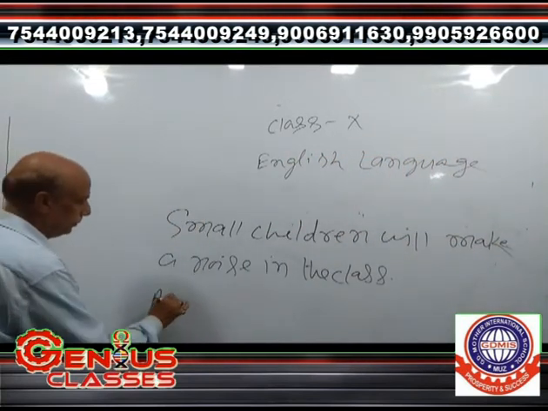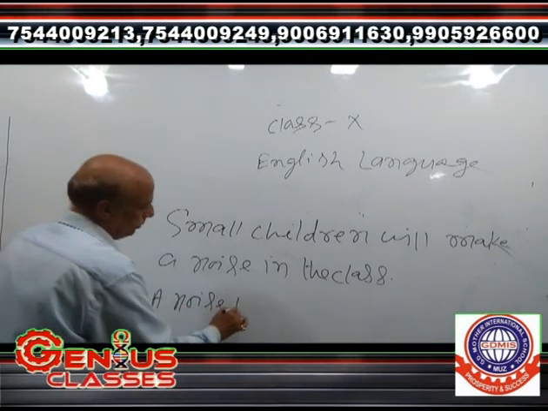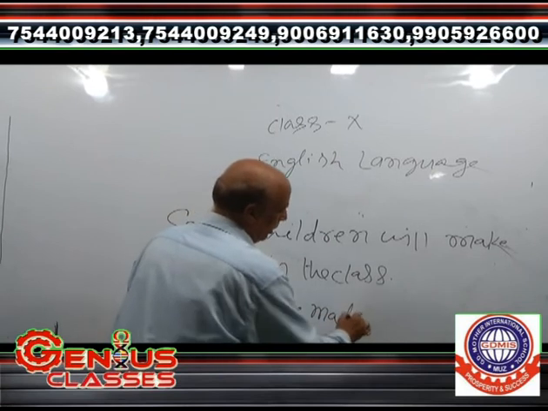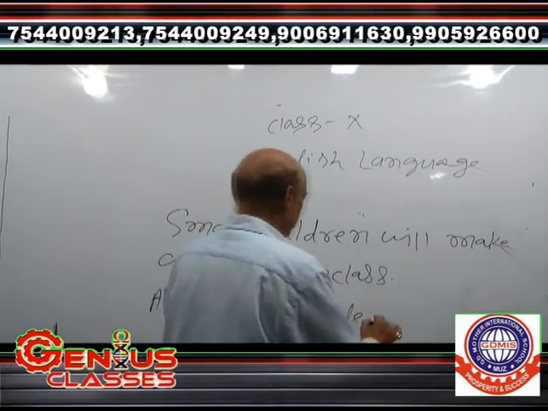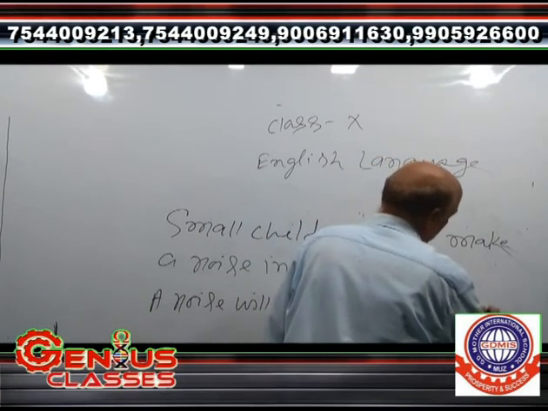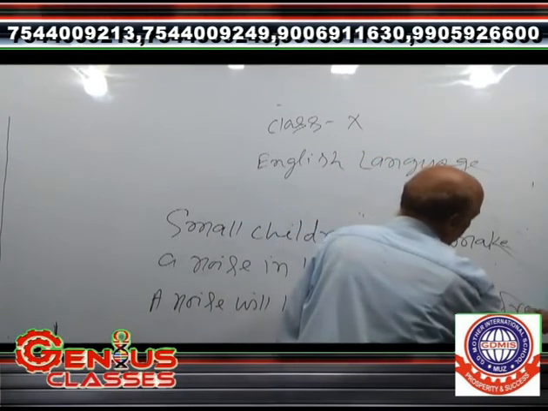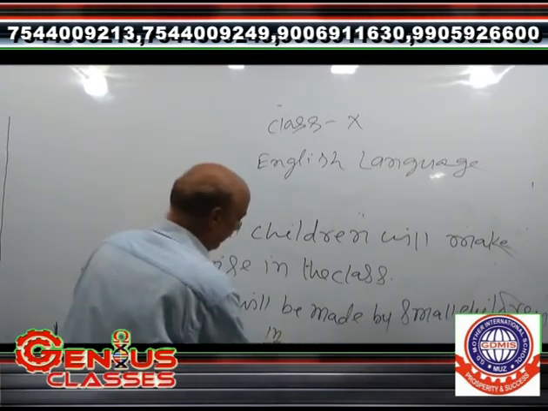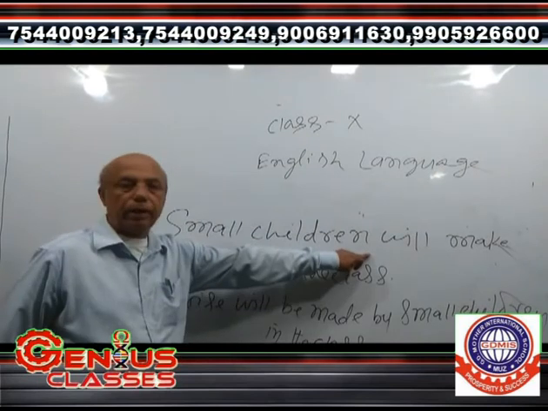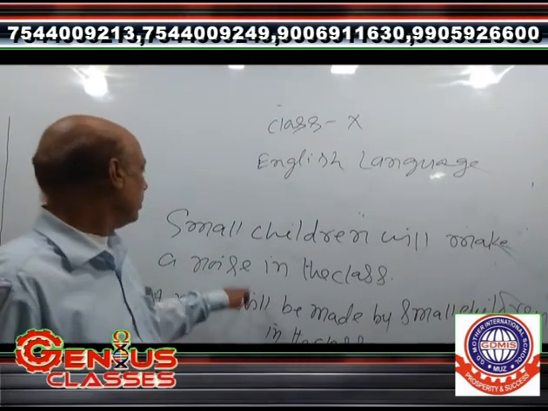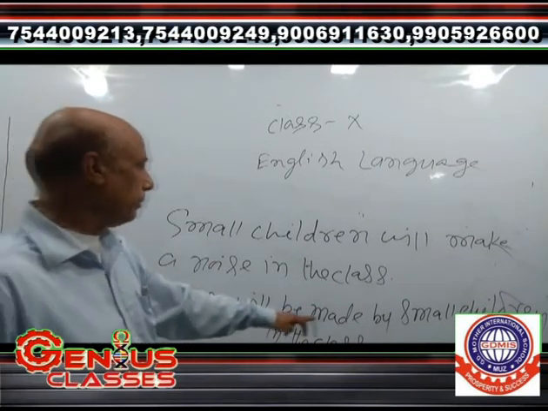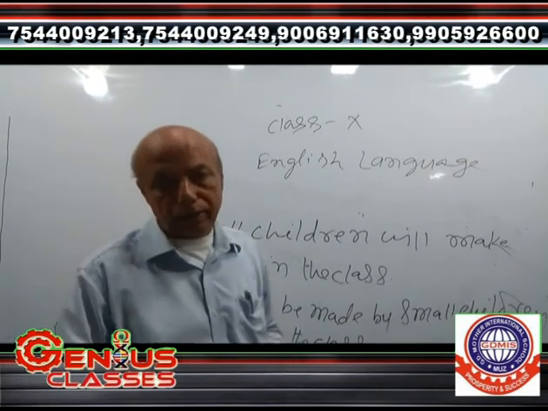Otherwise, will be made by small children in the class. It is active, and it has been changed into passive. The small children will make a noise in the class. A noise will be made by small children in the class.